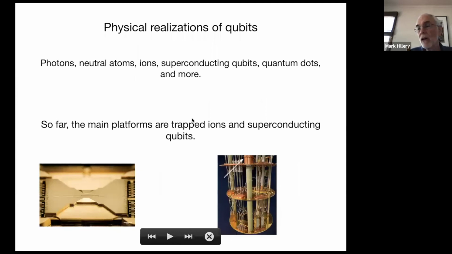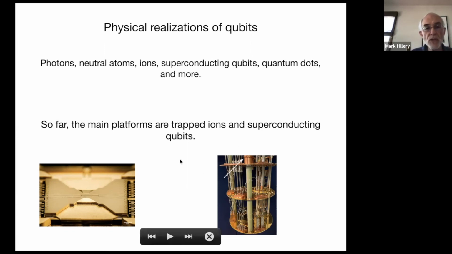Okay, now so far we've been talking about the theory. So where do things stand in terms of experiments? For physical realization of qubits, you can use photons, you can do neutral atoms, usually arrays of neutral atoms trapped by light.